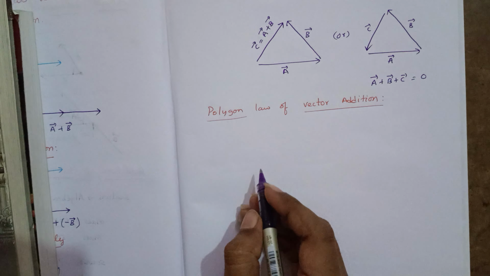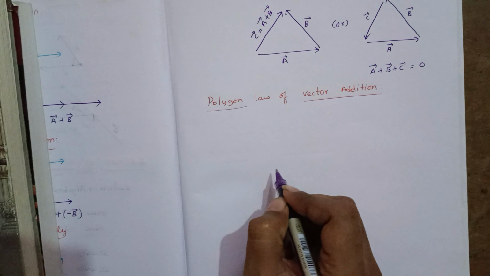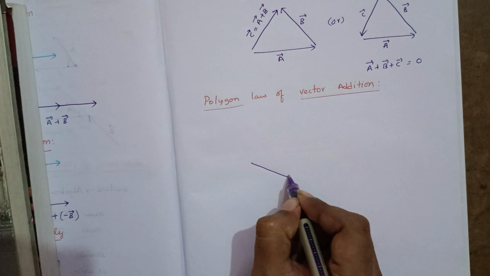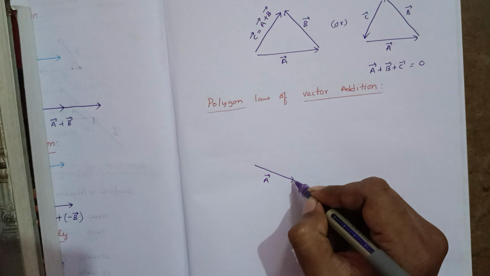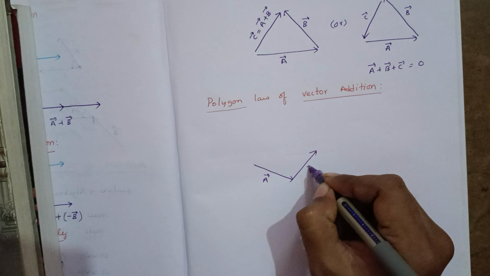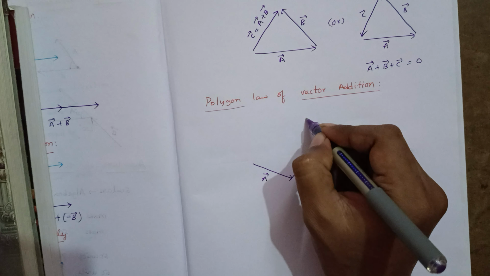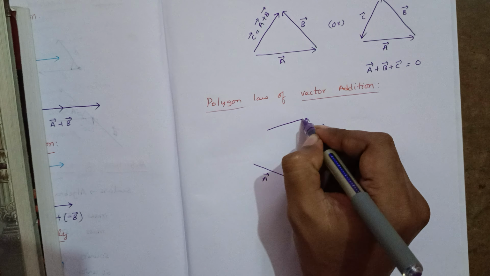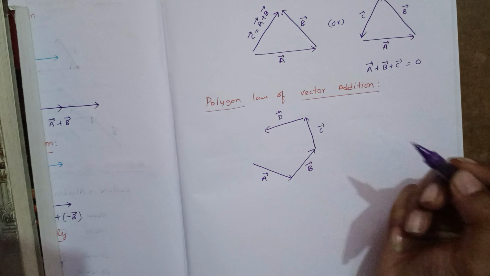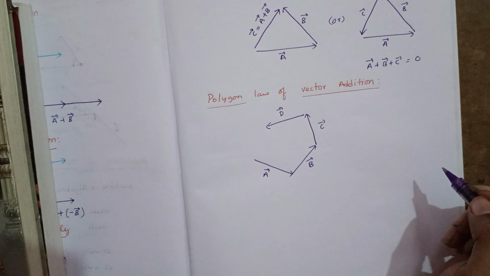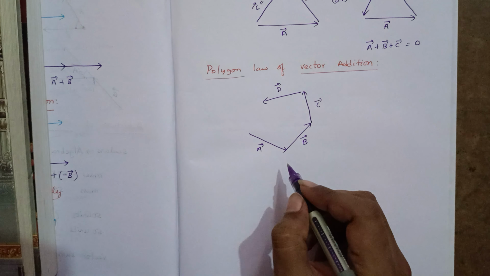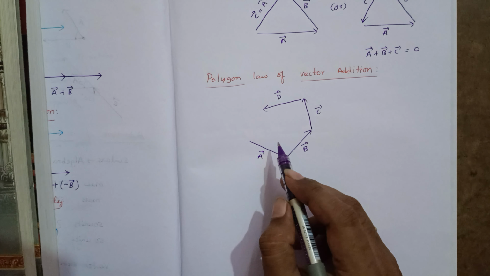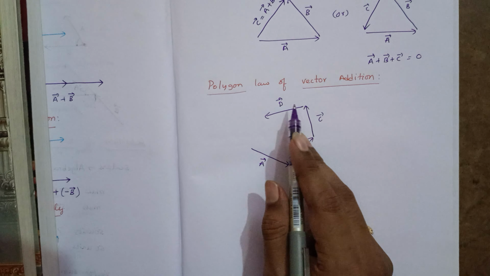Polygon means the number of vectors, like A bar, B bar, C bar, D bar, represent magnitude and direction, as sides of a polygon taken in order.